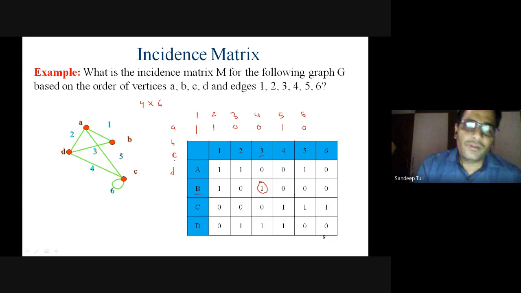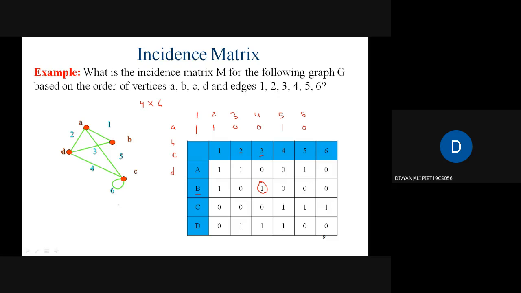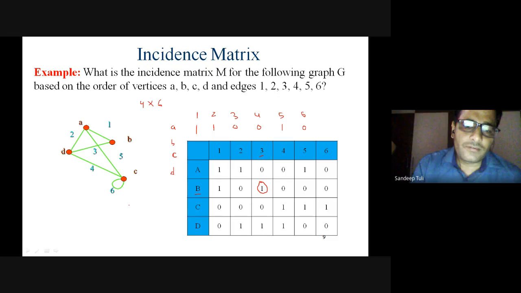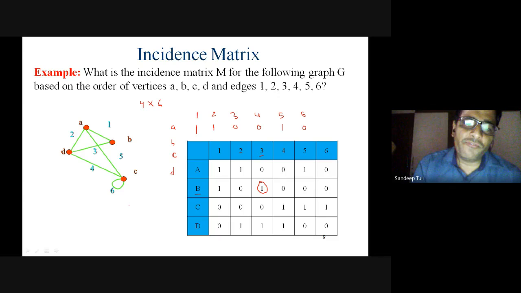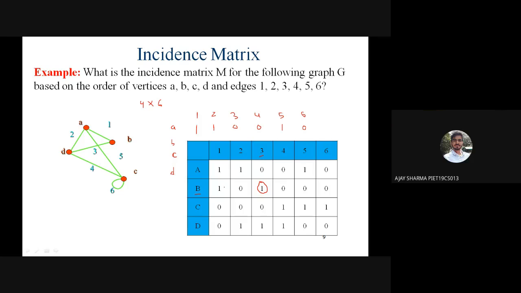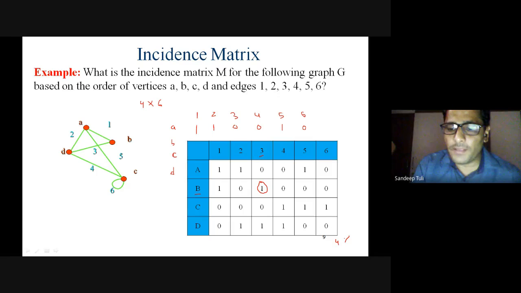How many vertices are there? 4. And how many edges are there? 6. So it should be 4 by 6. Look at the matrix also. The order of this matrix is what? 4 by 6. There are 4 rows and 6 columns.